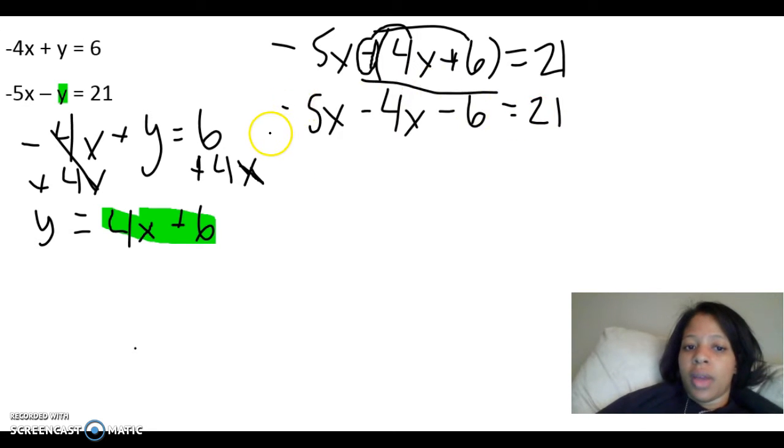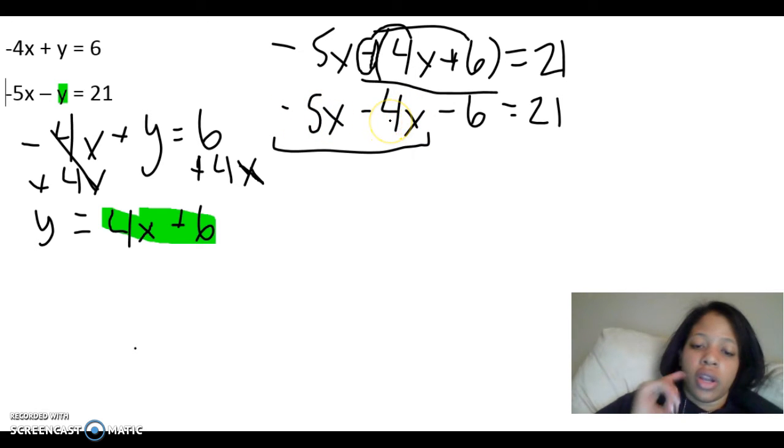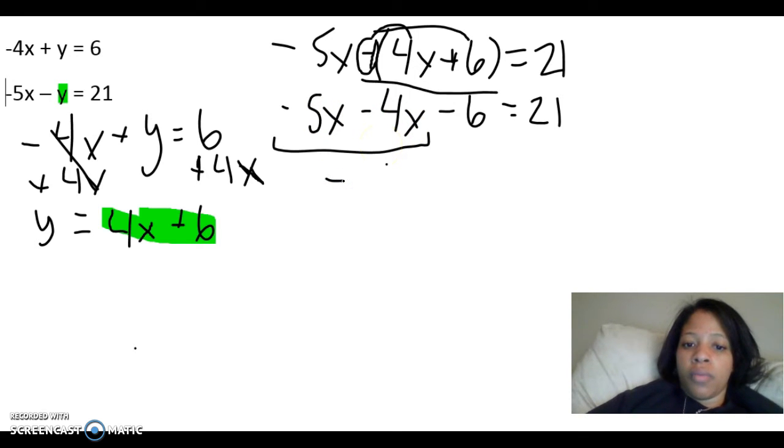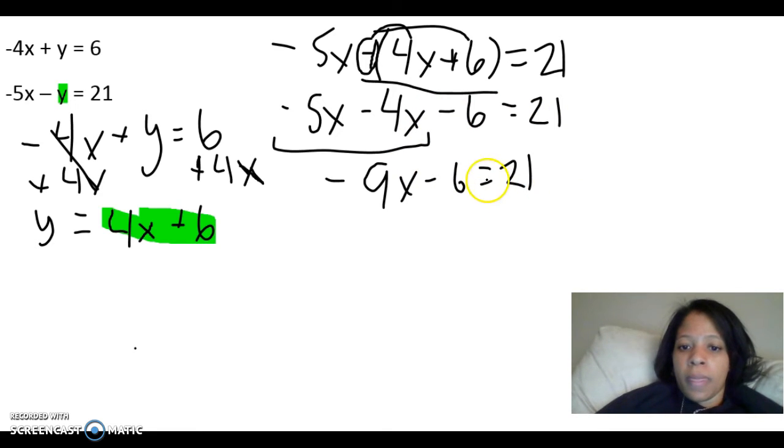So now we need to combine like terms. So negative 5x and negative 4x are like terms because they both have an x. So when I combine them, they're both negative, so it's going to stay negative. So it would be negative 9x, and then bring down everything else. So minus 6 equals 21. Okay?